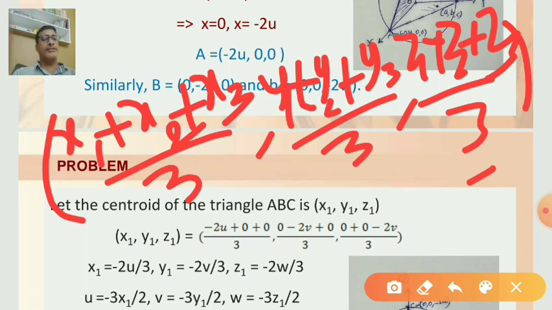If (x1, y1, z1), (x2, y2, z2) and (x3, y3, z3) are the three vertices of the triangle, then the centroid is ((x1 plus x2 plus x3) by 3, (y1 plus y2 plus y3) by 3, (z1 plus z2 plus z3) by 3).